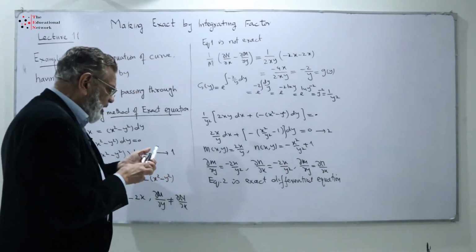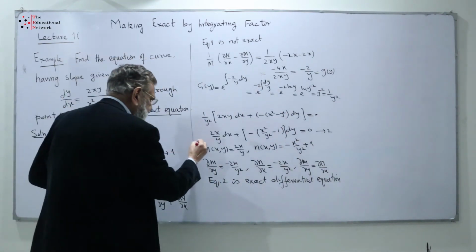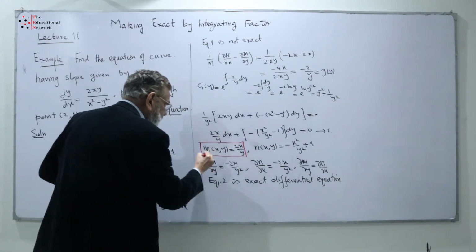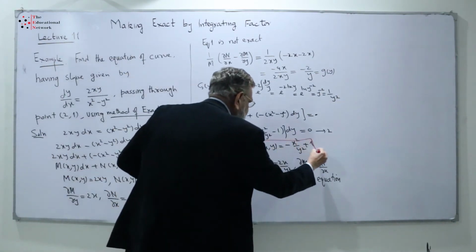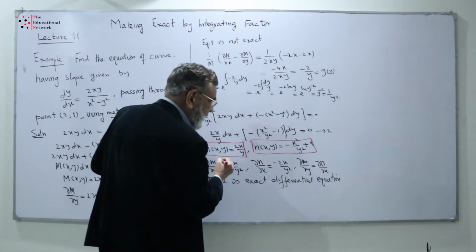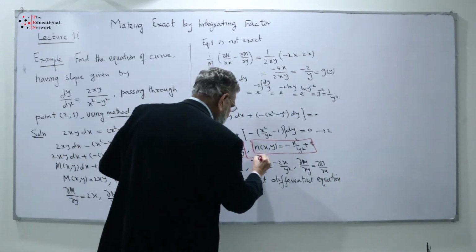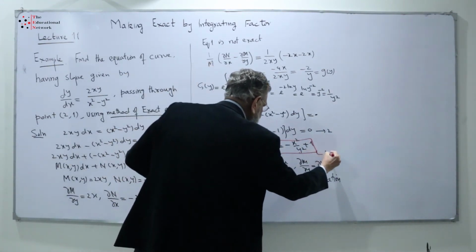So I am having the value of M(x,y) and I have the value of N(x,y). I take this as my equation 3, and this one as equation 4.